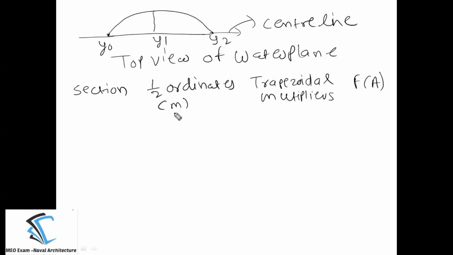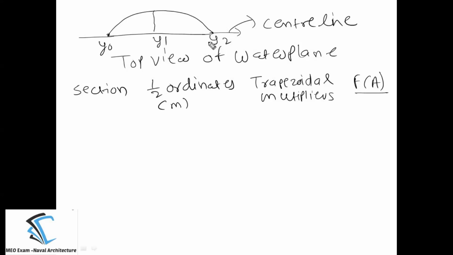So I will write as a meter here, or centimeter, whatever may be, it should be a linear dimension. If the ordinates is a linear dimension, this will be function of area. If ordinates is a meter square, then this will be function of a volume. That you have to keep in your mind. At this moment I am taking the half ordinates as the linear dimensions.